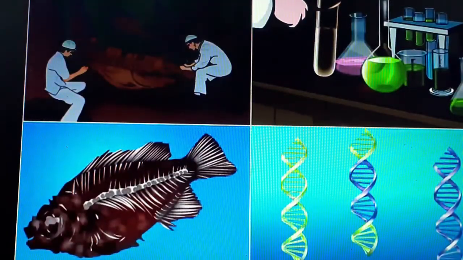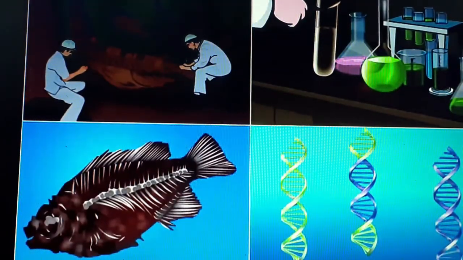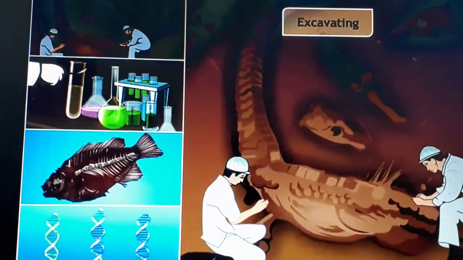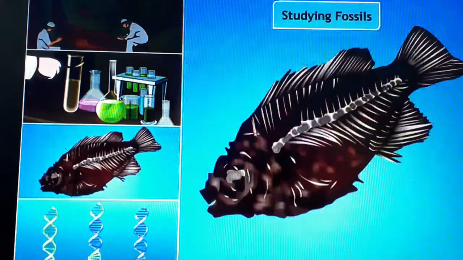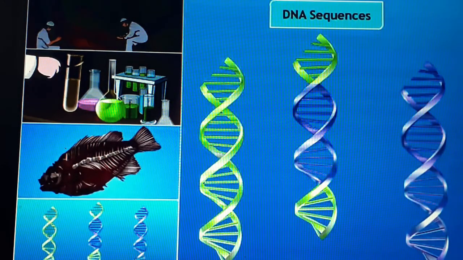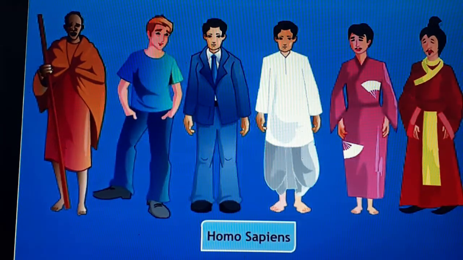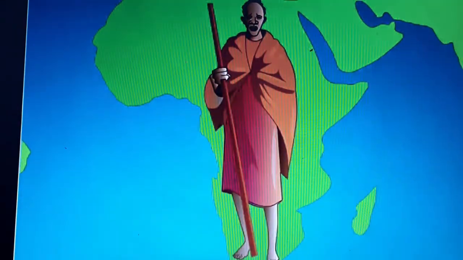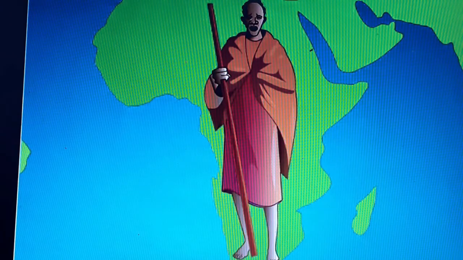The tools for tracing evolutionary relationships, like excavating, time dating, studying fossils, and determining DNA sequences, have been used for studying human evolution. All humans are a single species. The earliest members of the human species, Homo sapiens, are traced to Africa.